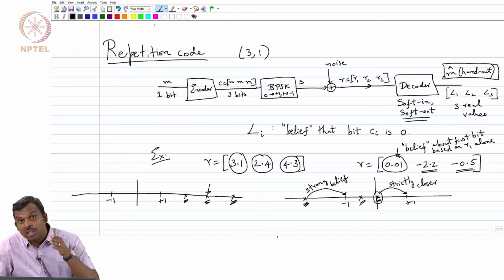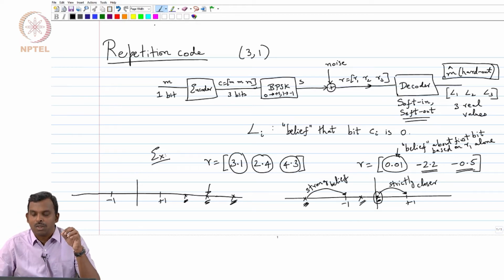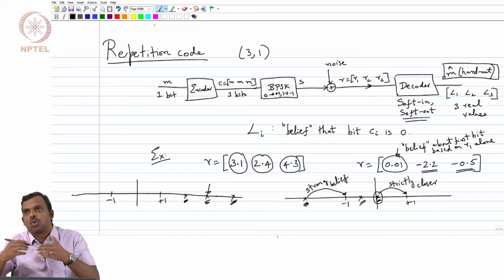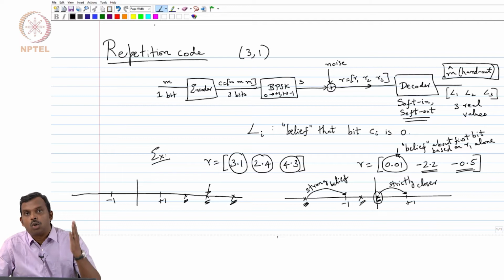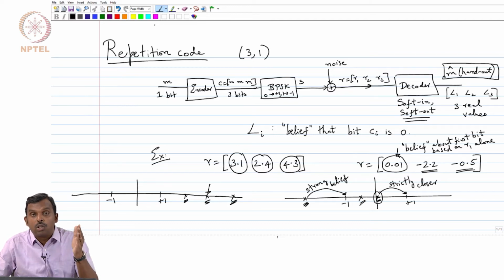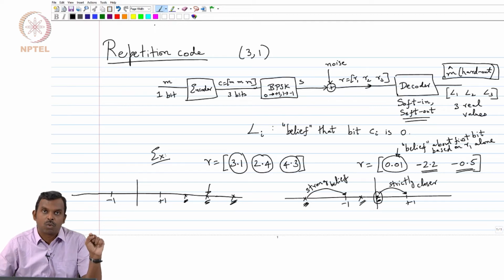It's much better than 0.01, but still it could have been +1 also. It's not so far away from +1. But nevertheless, it's still a stronger belief than 0.01. So when you want to decide about the first bit, you want to take into account R1, but also what R2 and R3 tell you about the first bit, particularly because the same bit was transmitted again and again and again.